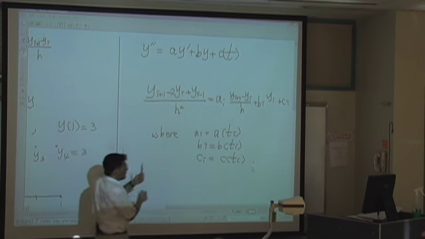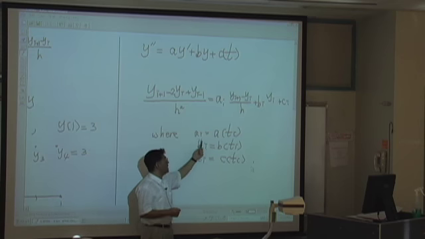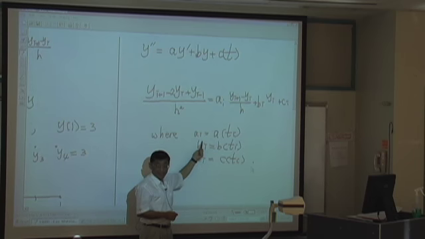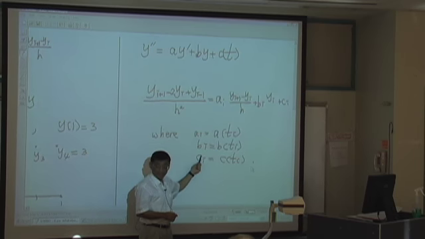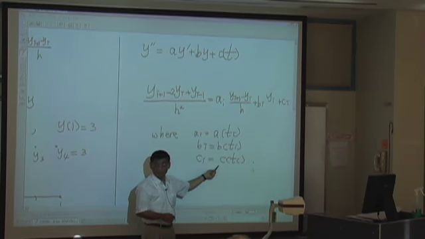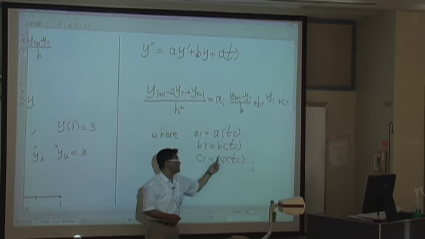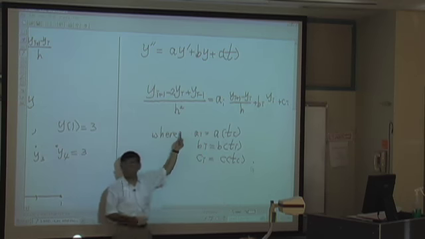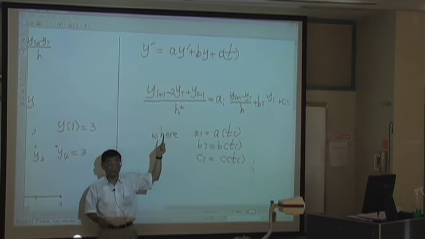Because we have a differential equation, can you calculate the a_i, b_i, c_i or not? Can you calculate a_i, b_i, c_i? Because a, b, c are given by the problem. You plug in t_i values, so these are all just numbers. All numbers.